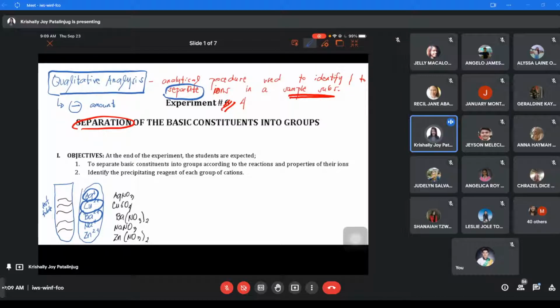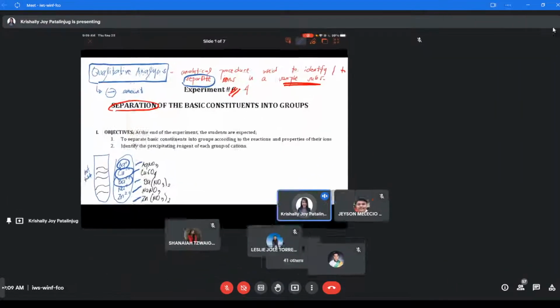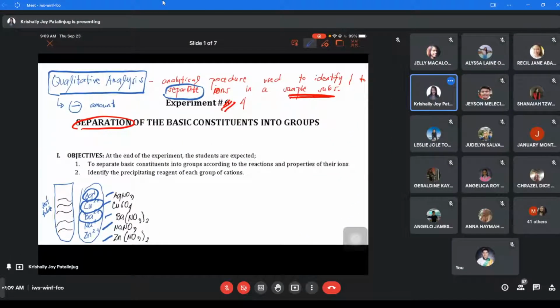Now, how do we separate each of these ions that are all mixed? Imagine you have silver nitrate, cupric sulfate, until zinc nitrate, mixed in one test tube. How will you separate these ions? We will separate silver ion from cupric and from zinc and so forth. How? We will be using a precipitating agent.